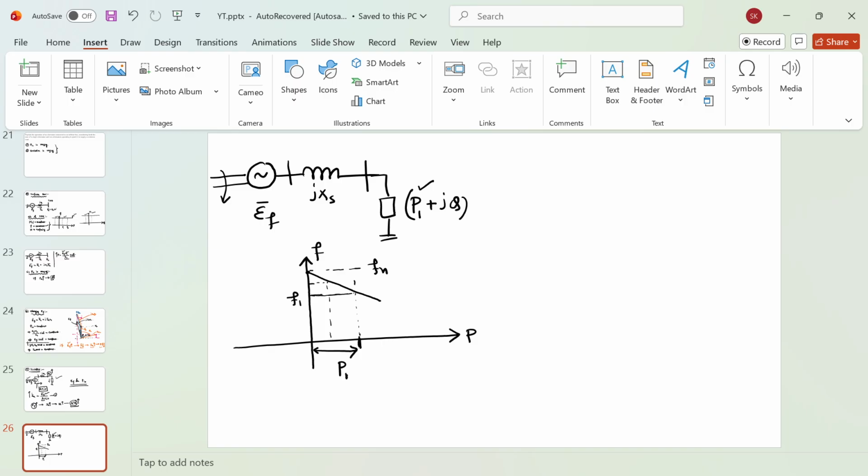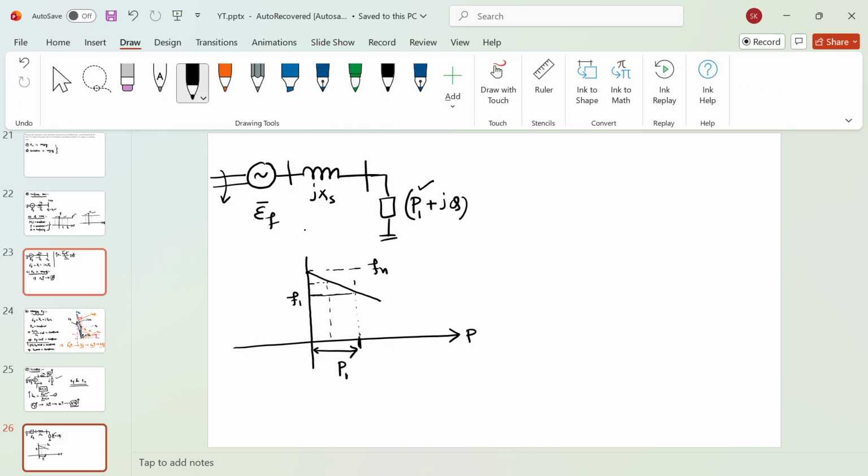Now what will happen if we increase the active power? There will be a change in the droop characteristics. Let me draw that one. Let's say this is the frequency, and you are increasing the active power input.